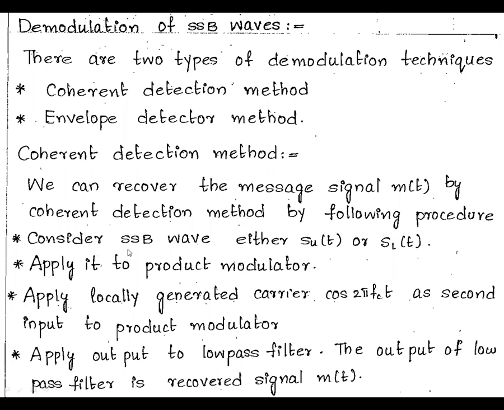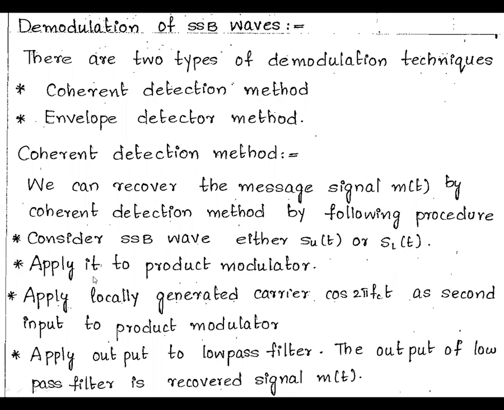First point is consider the SSB wave, either upper sideband or lower sideband. Why? Because from the SSB wave we can detect the baseband signal m of t. Whether it is a single upper sideband or a lower sideband.